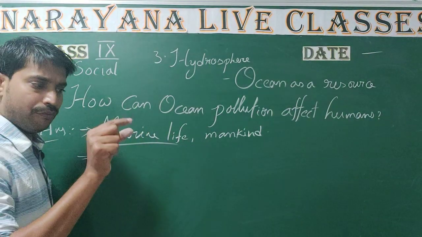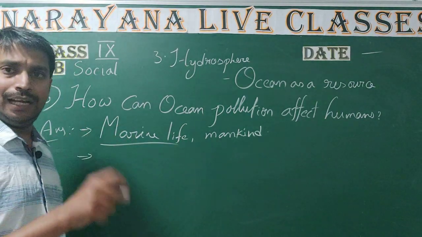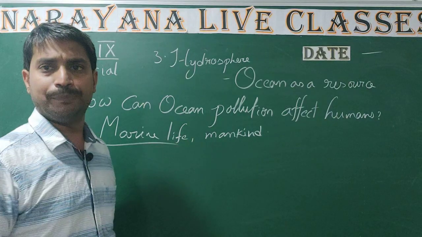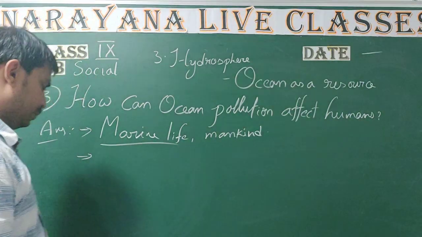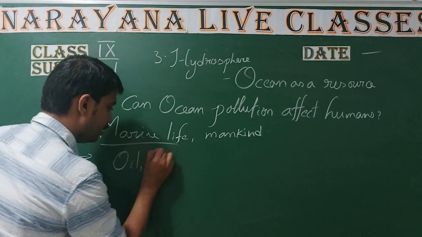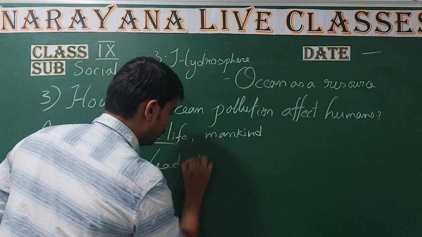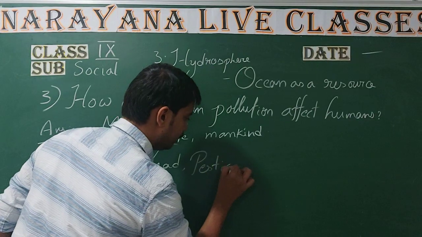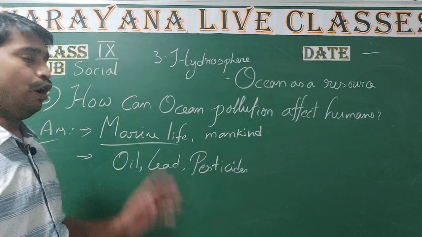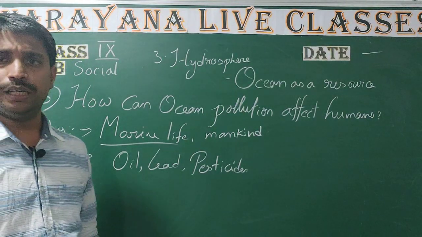In the sense, the aquatic animals like fishes are completely affected by the pesticides and chemicals. So that is the thing. Chemicals such as oil, lead, and more usage of pesticides are also major causes for the increase of oceanic pollution.